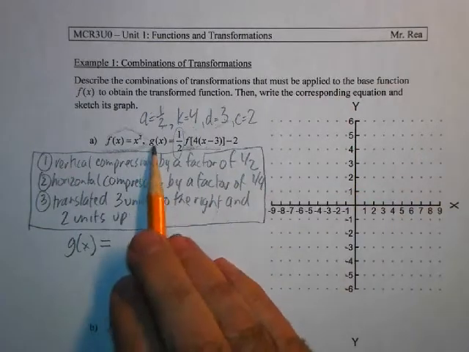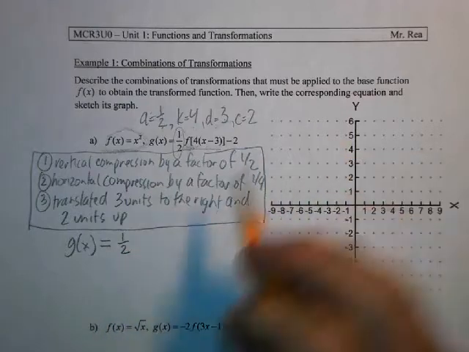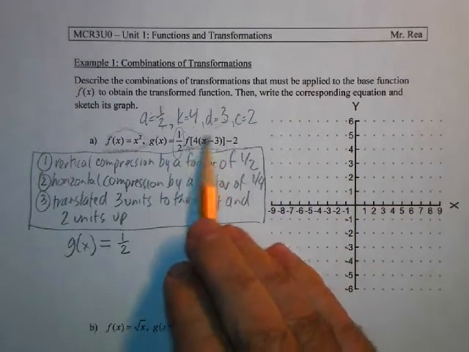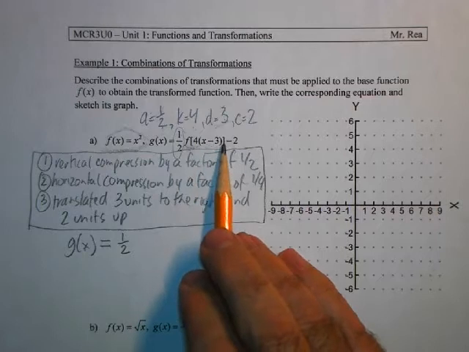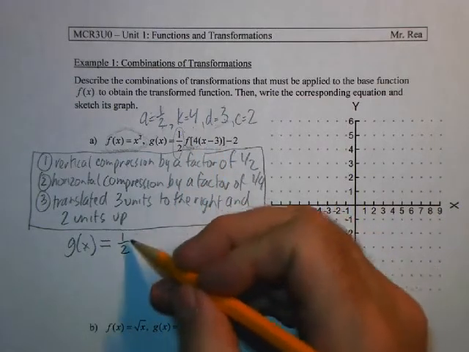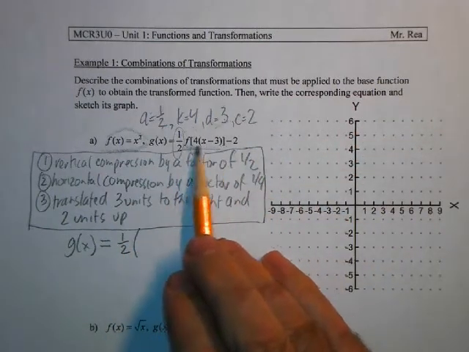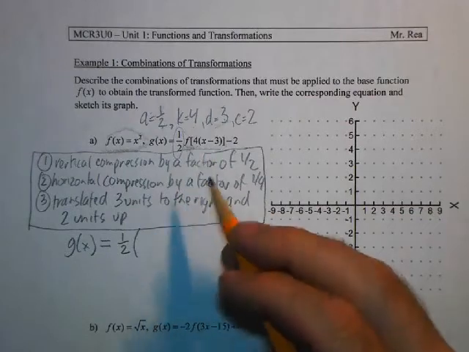So if I go left to right here, I'm going to write the 1/2, and then I've got my function notation f of 4x minus 3 in brackets. So that's where the function comes in. So that whole thing in the square brackets, that's the new input.